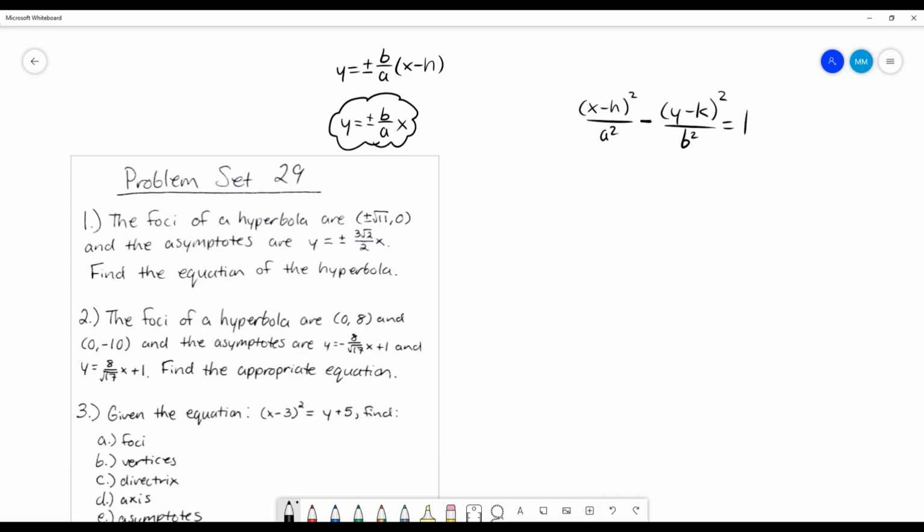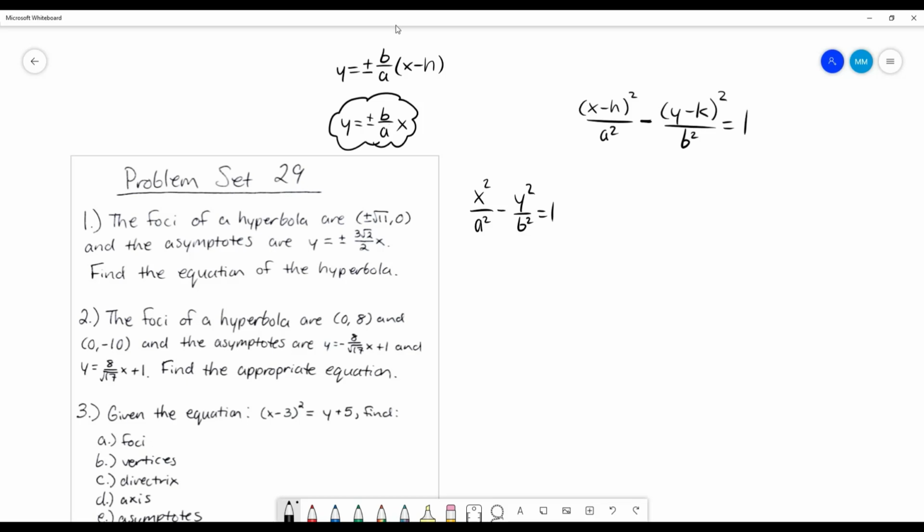But it looks like our center probably is at 0, since our foci are the same distance away from each other. So we can presume that our hyperbola is centered at the origin. So it's just going to be x squared over a squared minus y squared over b squared equals 1. That helps us narrow it down already.